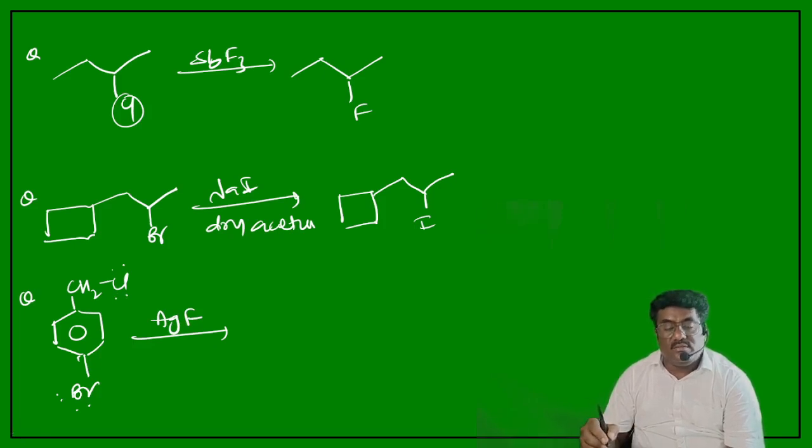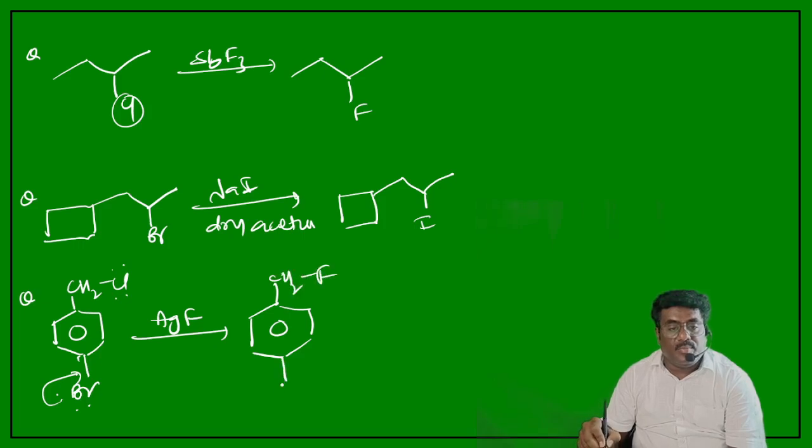Which is the easier leaving group? Here resonance is possible for the bromine but not for the chlorine, so the bromine is not easy to remove and the chlorine is easy to remove. So the product is benzene with CH2F and Br. This is our required product.